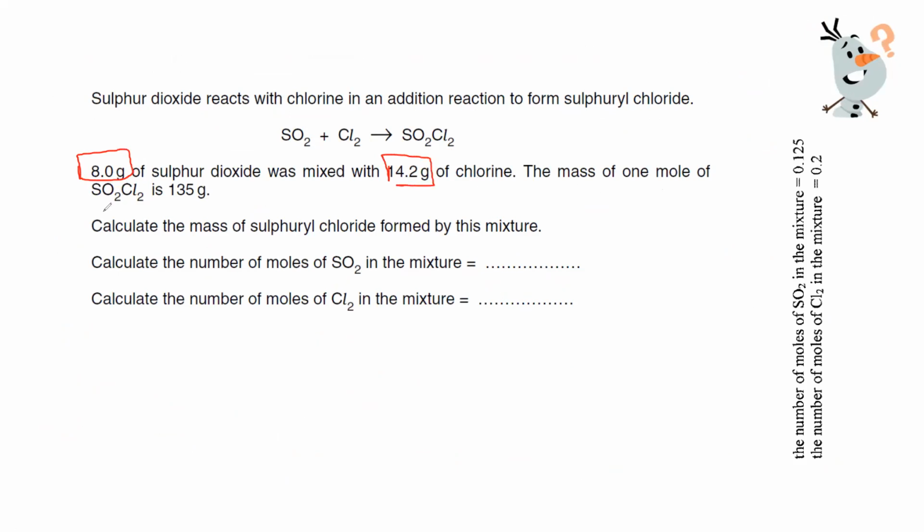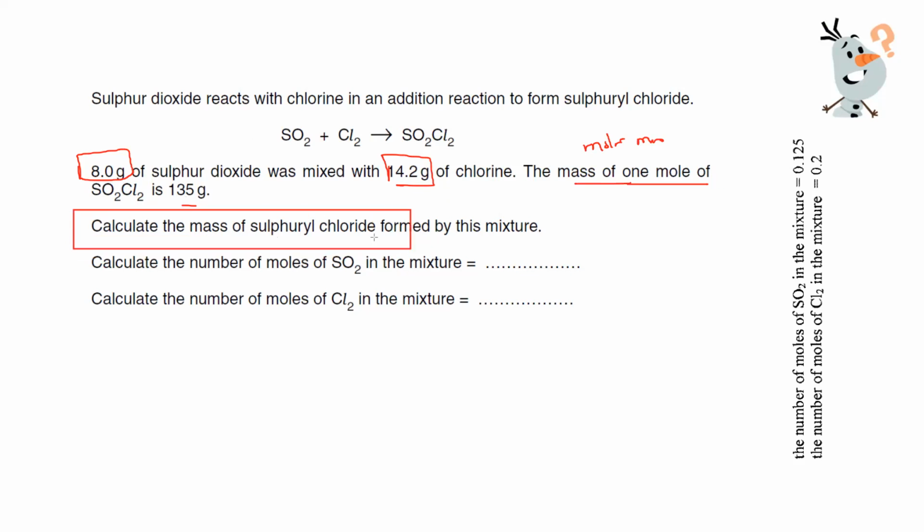The mass of 1 mole means molar mass. When they say mass of 1 mole, that means the molar mass. The mass of 1 mole of sulfuryl chloride is 135 grams. Calculate the mass of sulfuryl chloride formed by the mixture. This is the main question.